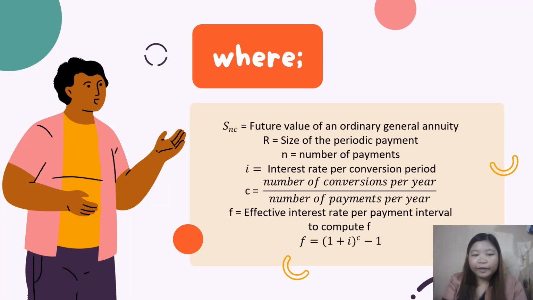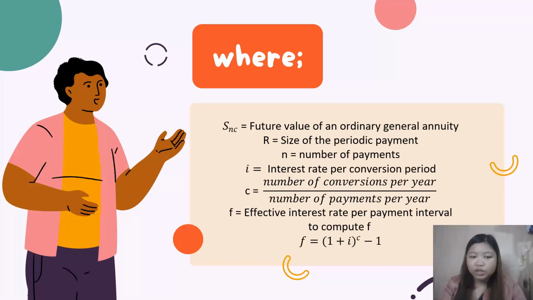Where S sub NC is equal to the future value of an ordinary general annuity. R is equal to the size of the periodic payment. N is equal to the number of payments. I is equal to the interest rate per conversion period, or J over M. Then C is equal to the number of conversions per year over the number of payments per year.